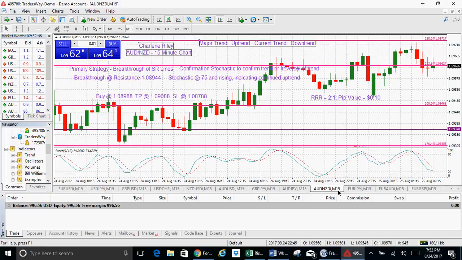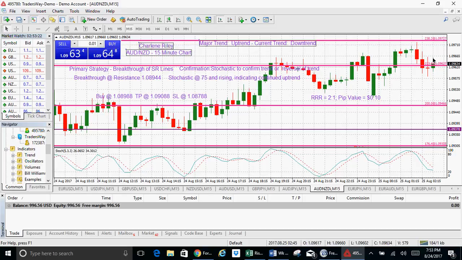Basically, for this Australian New Zealand 15-minute chart, for my trade setups, I will be looking for breakthroughs of support or resistance. Since we are here at the 1.09627 line, I will be looking for a confirmed break above this line, which will be a reversal to an uptrend.